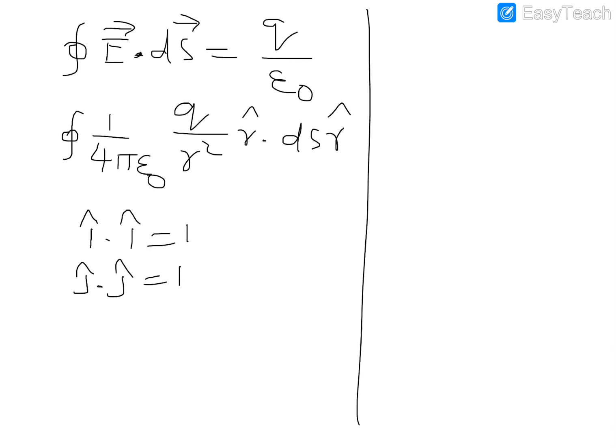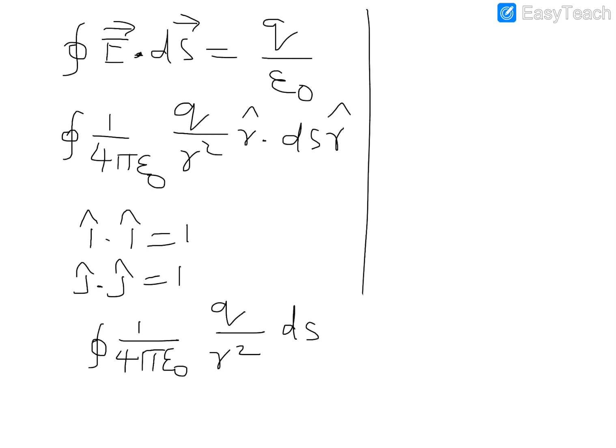Now you will have the integral of 1 by 4 pi epsilon 0 q by r square, r cap dot r cap is 1, remaining is ds. Generally this is what happens, r cap dot r cap, but its value is 1.